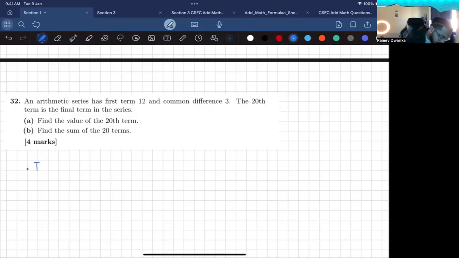Tn equals A plus n minus 1 by D. If I wanted the sum up to the nth term for an AP, what is the formula for S of n? N over 2 by A plus Tn.